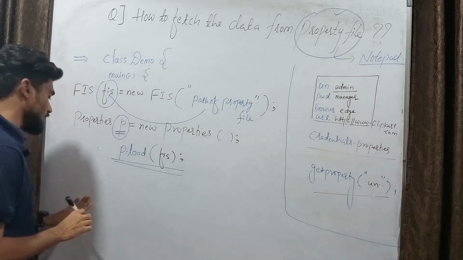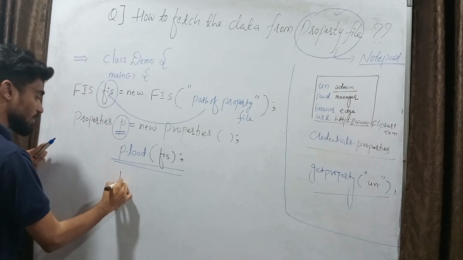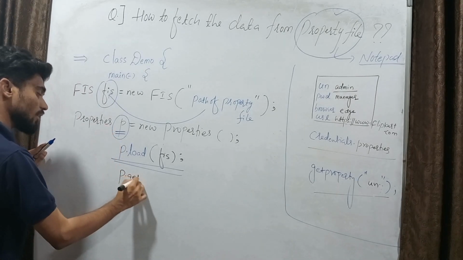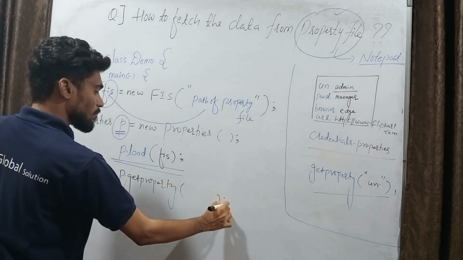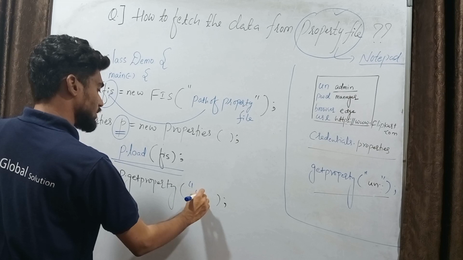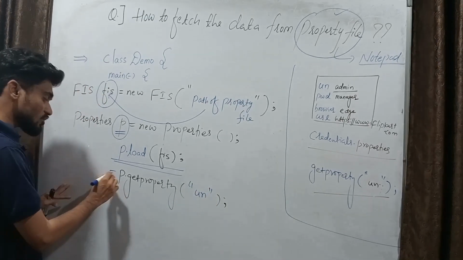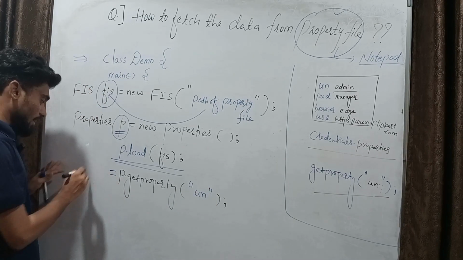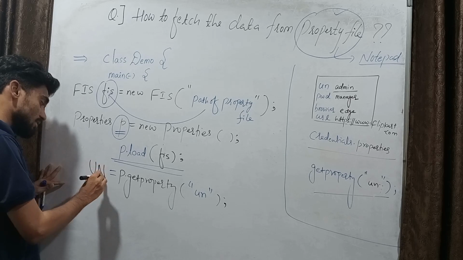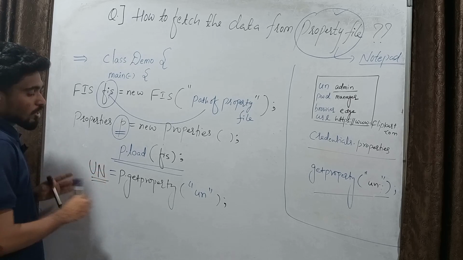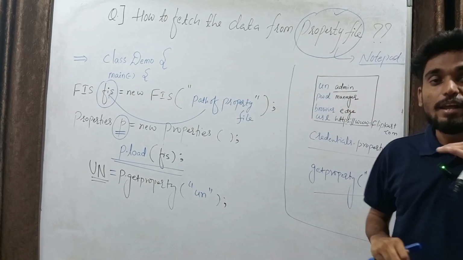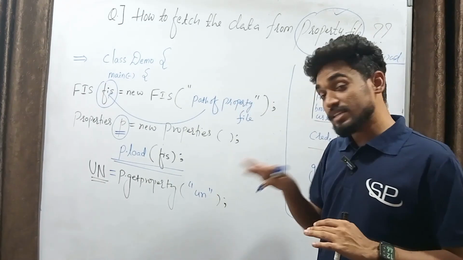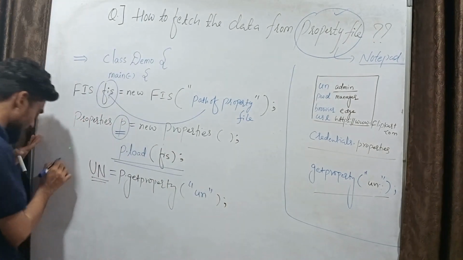In the same way, using the same logic, the reference variable is p dot getProperty, and the key should be username. Can I store it inside a reference variable? Can I store it in capital USERNAME, guys? Any problem? No problem. So what is the return type of the getProperty method, sir? The return type of the getProperty method is String here. So can I write String?